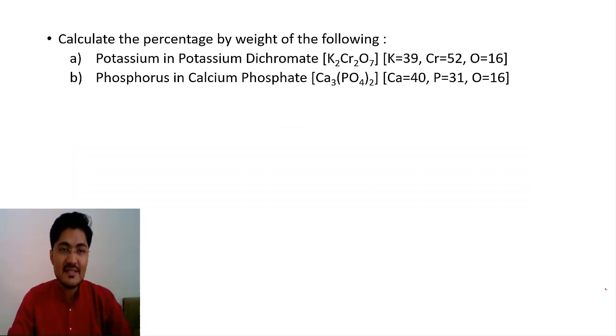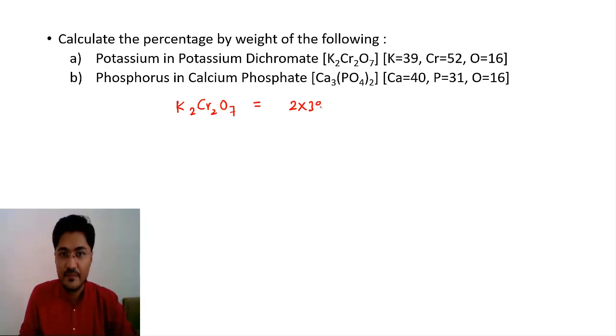Let's see a couple of examples based on percentage composition. Calculate the percentage by weight of potassium in potassium dichromate. So we have potassium dichromate as K2Cr2O7. When we find the total molecular weight of K2Cr2O7, we find 2 into 39 plus 2 into 52 plus 7 into 16. Here we get this to be 294.